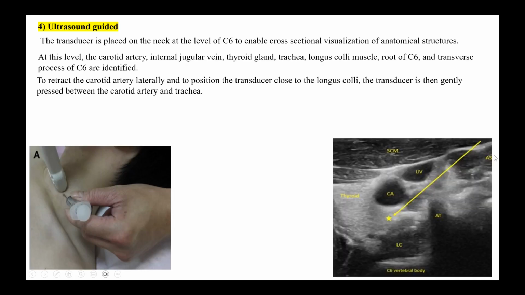Once you go there, these are all the structures you will be able to see. More superficially, it will be the sternocleidomastoid. Then you go to the carotid artery, IJV, and this is the longus colli muscle. So under the carotid artery and above the longus colli muscle, you have to deposit the solution here.